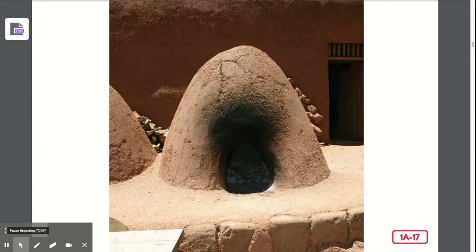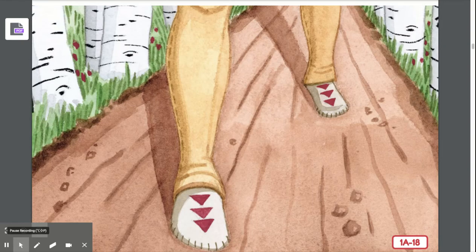Native Americans of long ago did not have cars and trucks. There were no buses or trains or planes. So, do you know how they got around? Long ago, Native Americans traveled by foot.